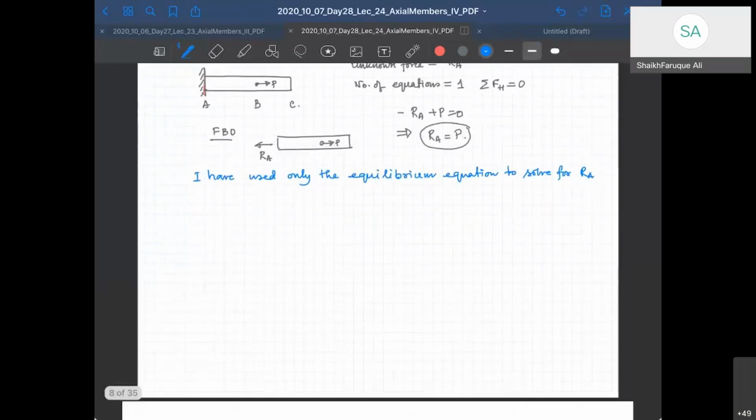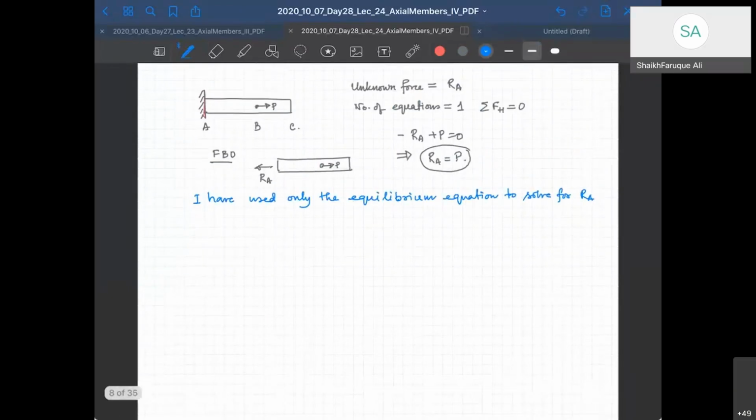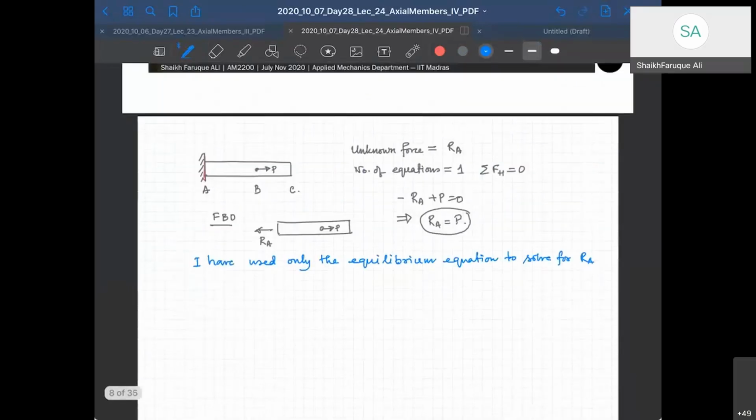So this is a determinate problem, right? Number of unknowns equal to 1, number of equations equal to 1. This makes it a determinate problem.